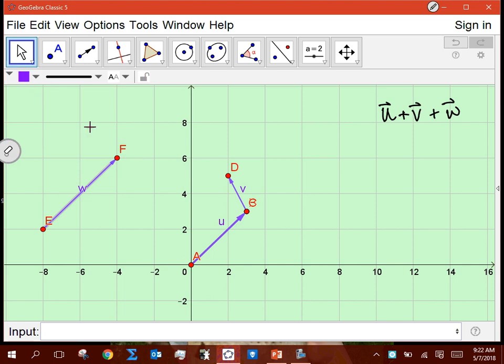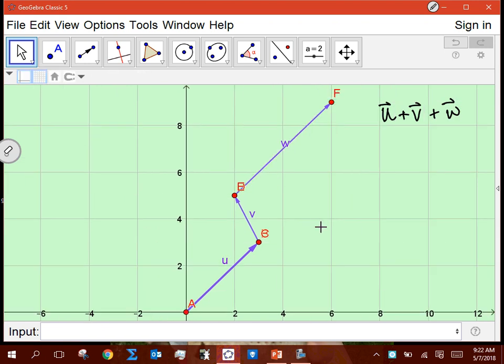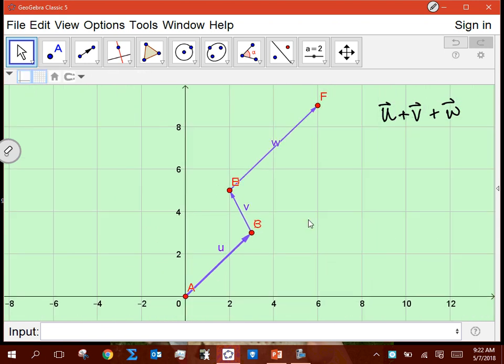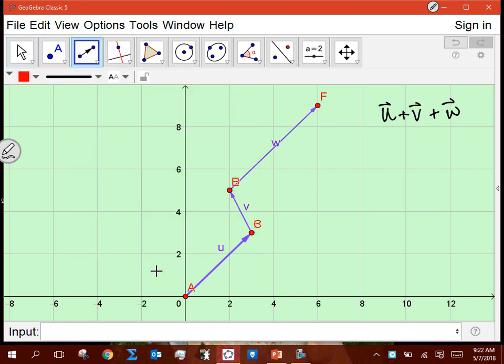All right, so if I go u plus v plus w, it'd be just making sure that we put them all tip to tail like that. Okay, and now the resultant would be from the first initial point to your last terminal point, and that would be u plus v plus w.